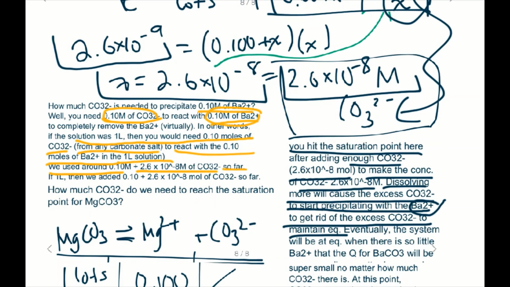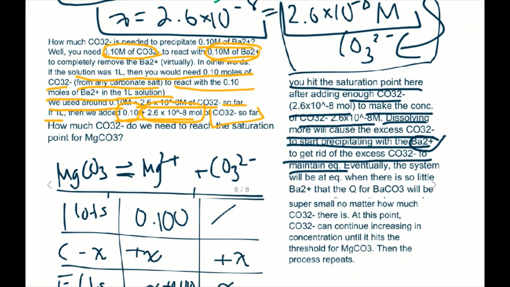So if we have 1 liter of solution, then we have to add 0.1 plus 2.6 times 10 to the negative 8 moles of carbonate. So remember, this 2.6 times 10 to the negative 8 moles of carbonate was used to reach equilibrium, but this extra 0.1 moles of carbonate were used to react with all of the barium to precipitate it all out.